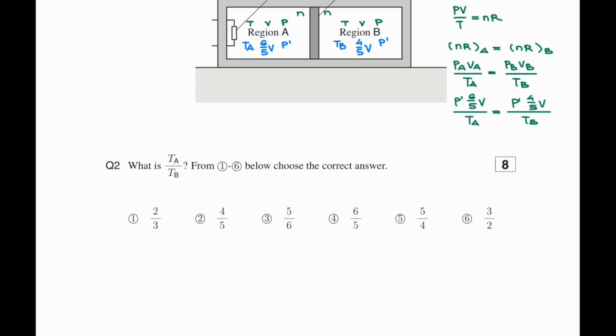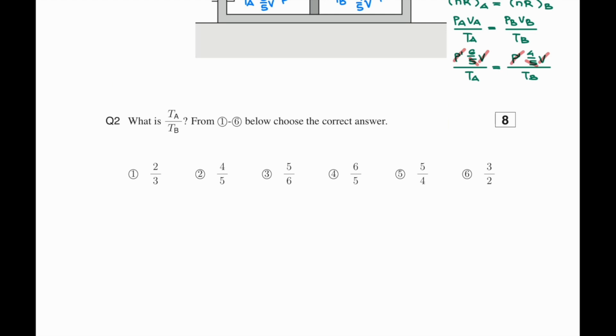Of course, you can cancel out P prime and V, and also the 5 here, and then by cross multiplying the expression you will get 6TB equals 4TA.